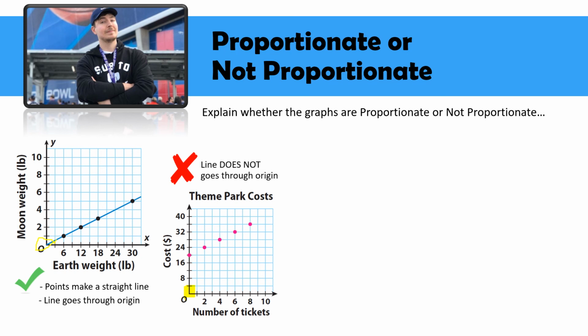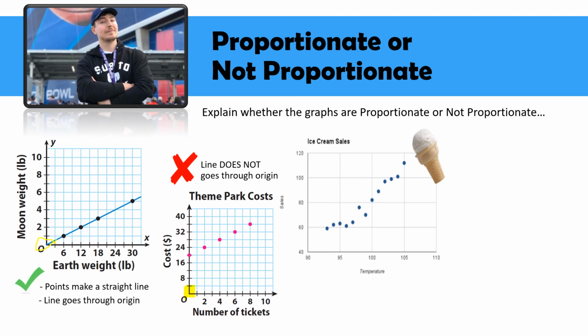It does not matter if you have a straight line. If your line doesn't go through the point 0, 0, you do not have a proportionate relationship. That is one of the biggest mistakes I see on this: people see a straight line and they're like, yes, it's proportionate, but no, it has to go through 0, 0 in order to be proportionate.